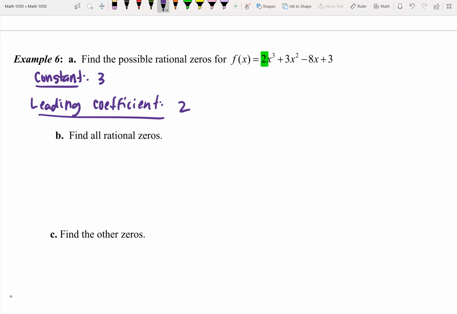That's a 2. So in this problem, the constant is 3 and the leading coefficient is a 2. Now what you have to do is list the factors of each of those. Factors are numbers that go into those. So do you see how the constant's a 3? What goes into 3? 1 and 3. Do you see how the leading coefficient is a 2? The factors of 2 are 1 and 2.